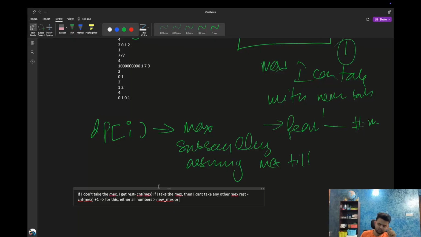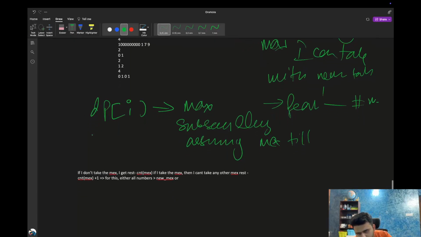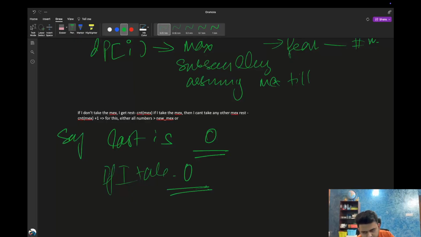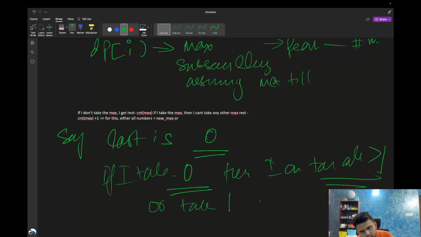So if I take 0, say last, then I can take all greater than 1, or take 1 and take all greater than or equal to 1.